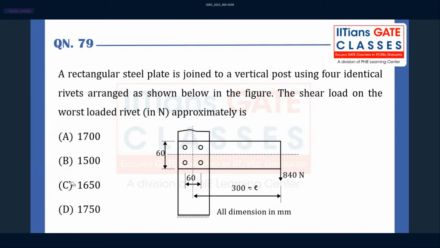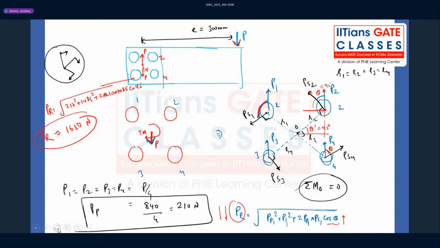Just calculate the resultant load, how much are you getting? 210 square plus 1485 square plus 2 into 210 into 1485 into 0.707, under root of that, 1640. Are you getting 1640? Check it out.